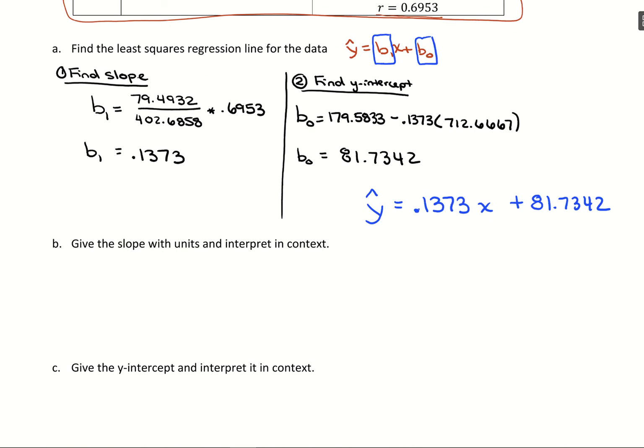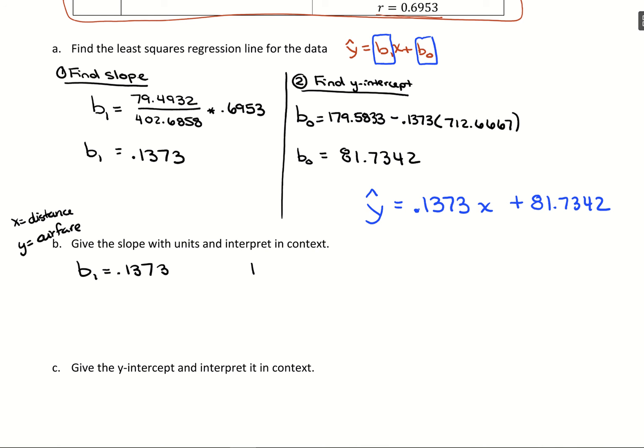Now our slope. So we found this slope of 0.1373. So writing our interpretation and fitting what I wrote up above, what we would do is talk about if we increase x by 1. So again, x in this case is distance, and y is airfare.